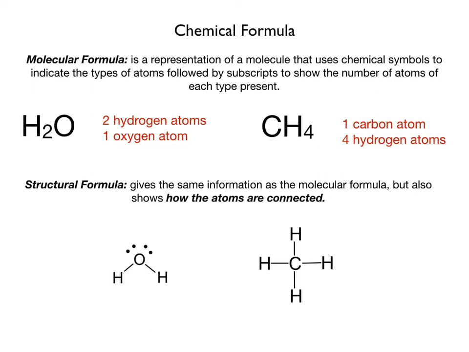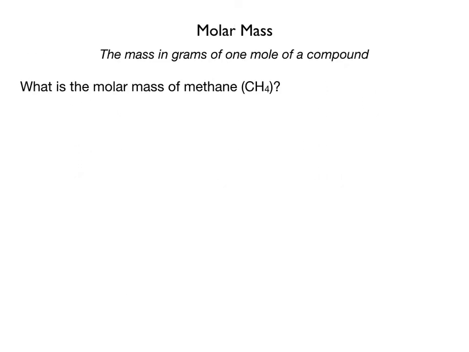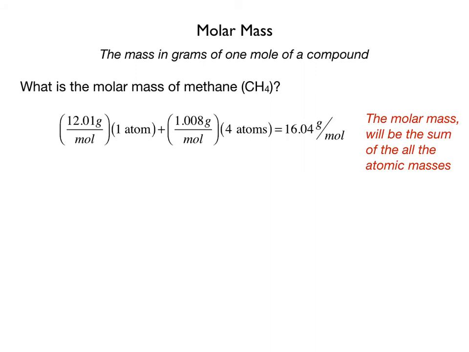So let's go through a couple quick examples of some calculations with molar mass, and we'll start off with: what is the molar mass of methane? In order to get the molar mass, we're going to determine how many of each type of atom there are, and then just sum all of the atomic molar masses of each atom. So for example, we have 1 carbon atom.